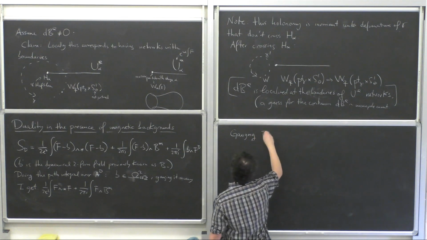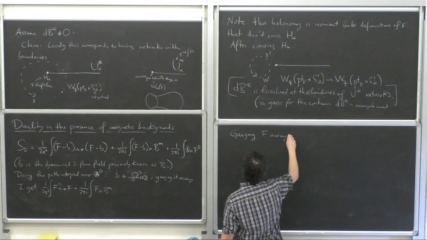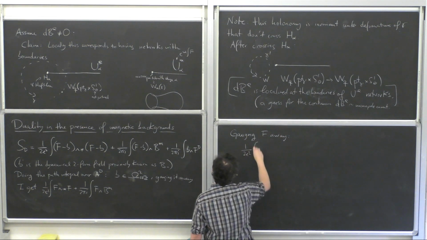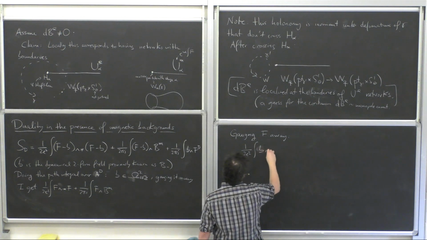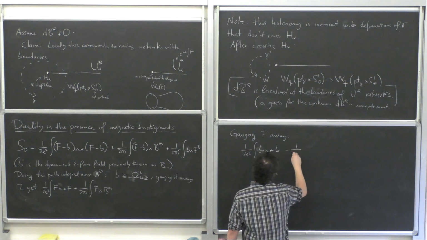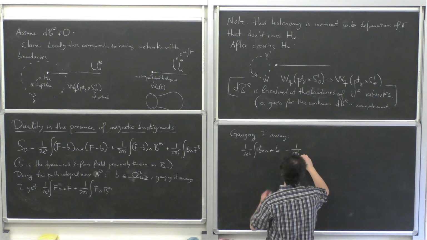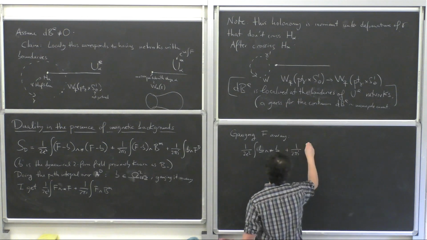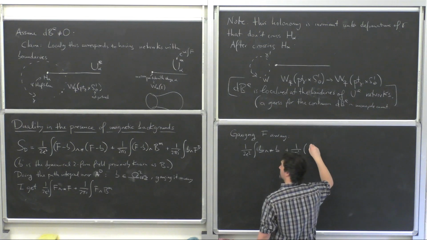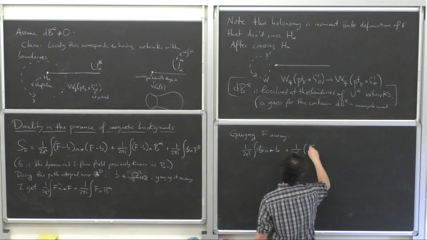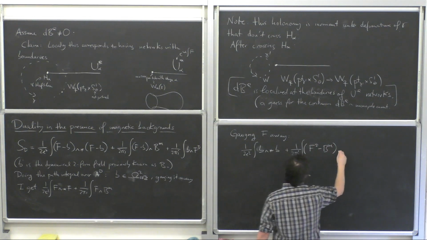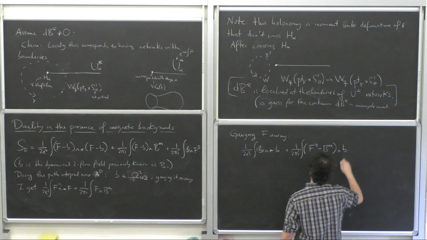So gauging F away, I get 1 over 2e squared, integral of little b wedge star little b, plus, let me write it differently, integral of (F_D minus B_m) wedge little b.